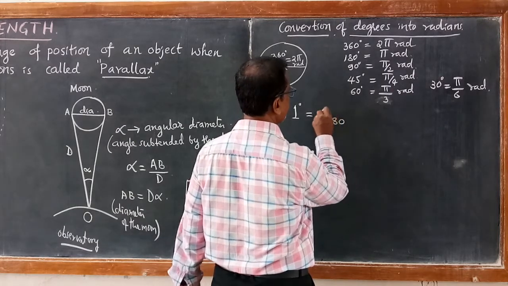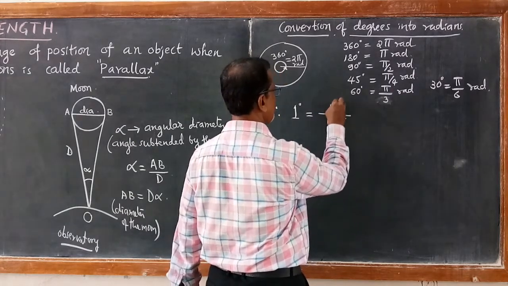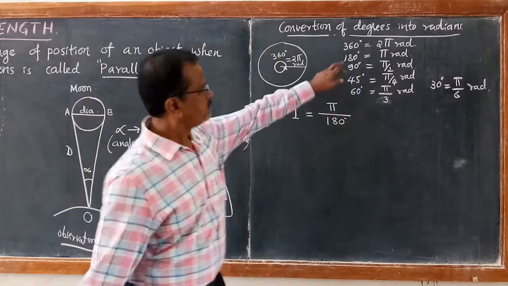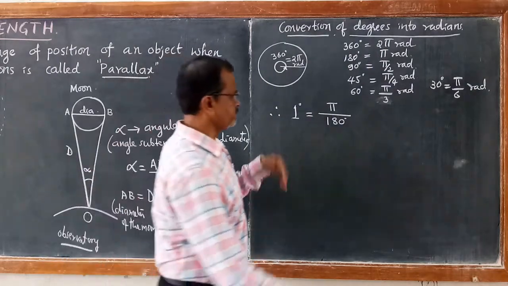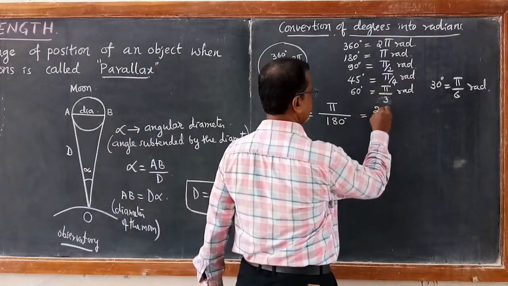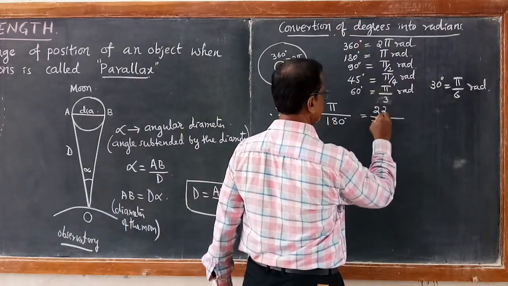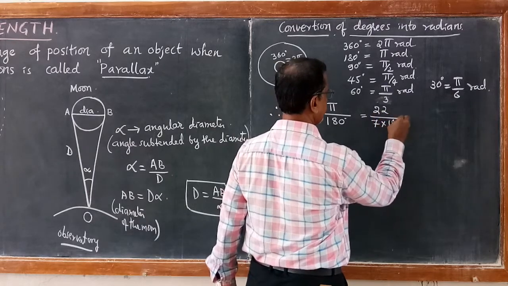180 degree corresponds to pi radians. Therefore, 1 degree, this is how you have to convert. So 22 by 7 into 180.